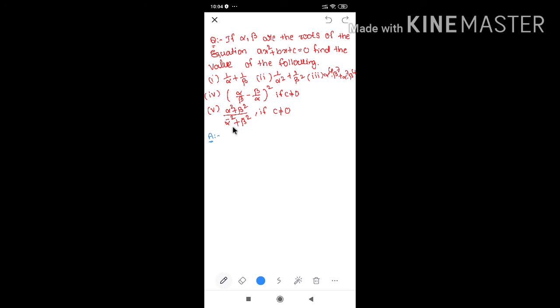So here we need to remember one formula. ax square plus bx plus c is equal to 0.